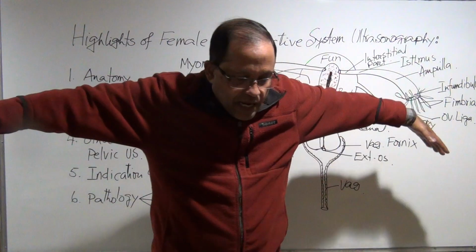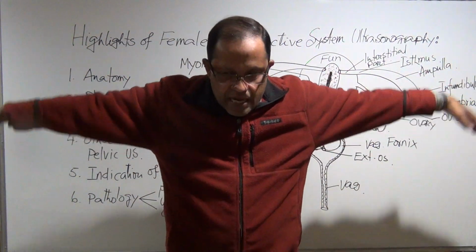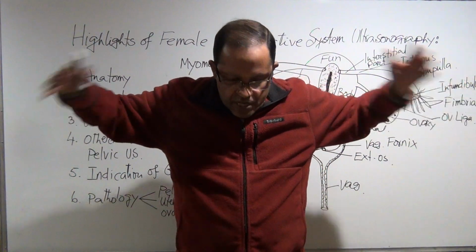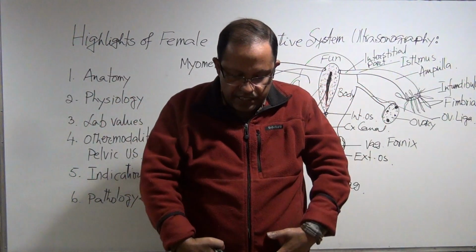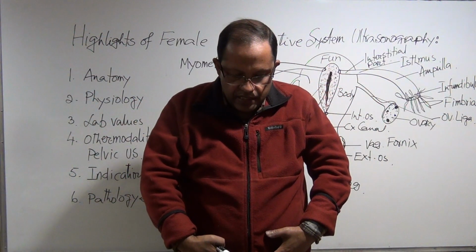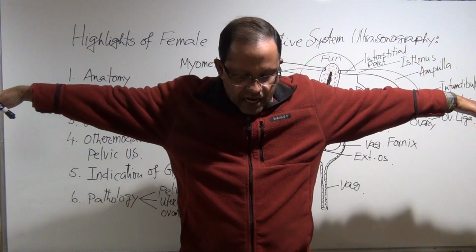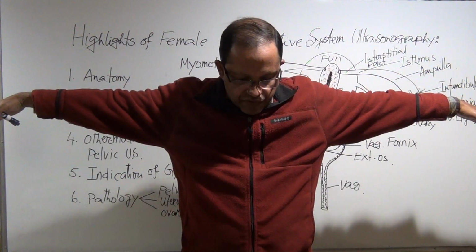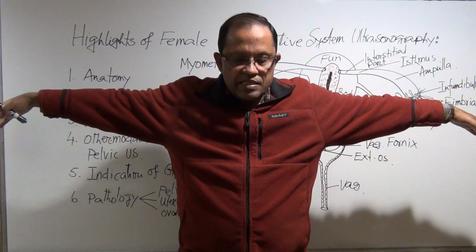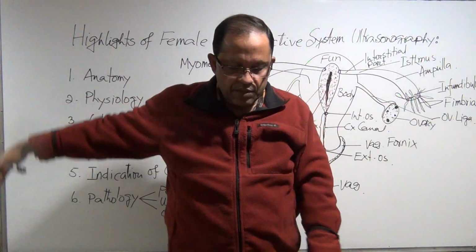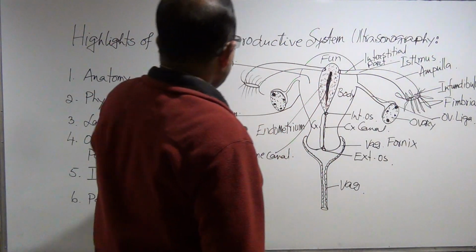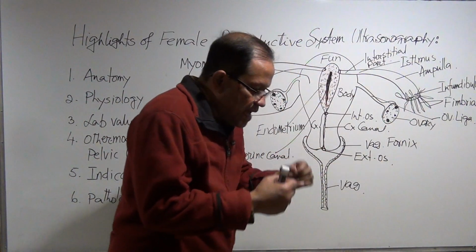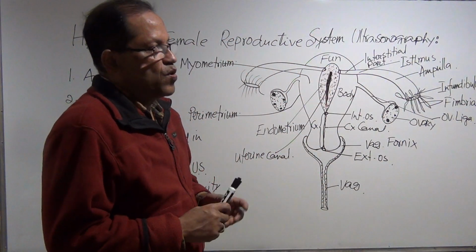It's just like a blanket. These are two fallopian tubes. This is fundus, this is body, and this is cervix. Okay, that blanket covers the fallopian tube, the fundus, and the body up to the isthmus. So fallopian tubes are inside the broad ligament.